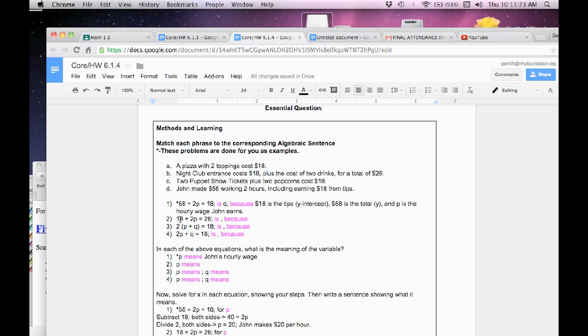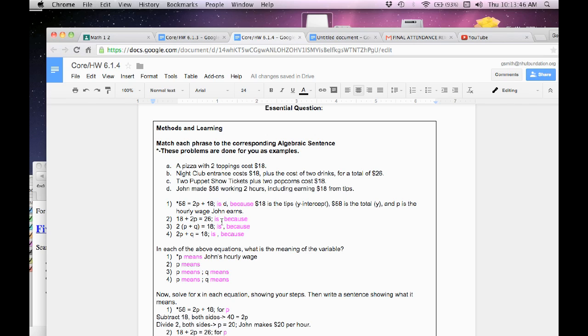All right, so 18 plus 2P equals 26. 18 plus 2P, that feels like B. So let's look at it. The nightclub entrance costs $18 plus the cost of 2 drinks for a total of 26. So $18 to get in plus the cost of 2 drinks. We don't know how much those cost, so those will be our variable for a total of 26.